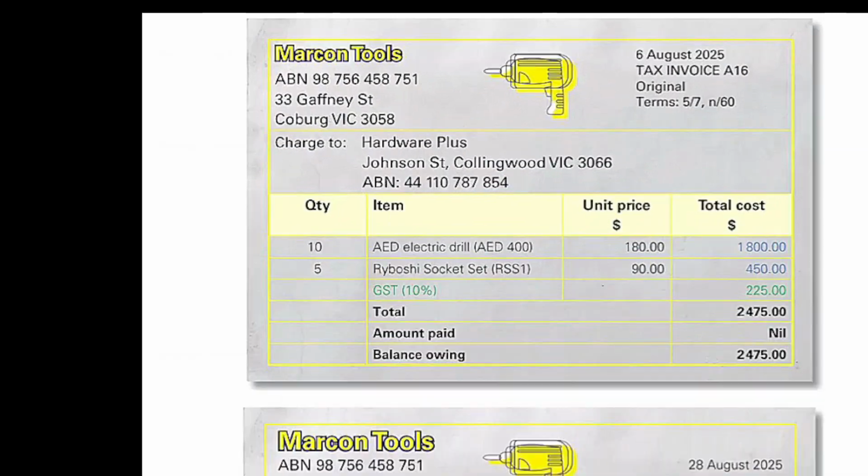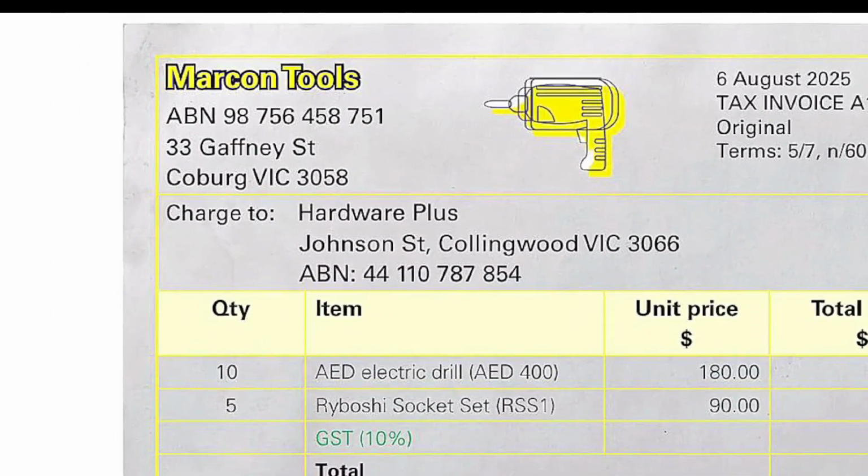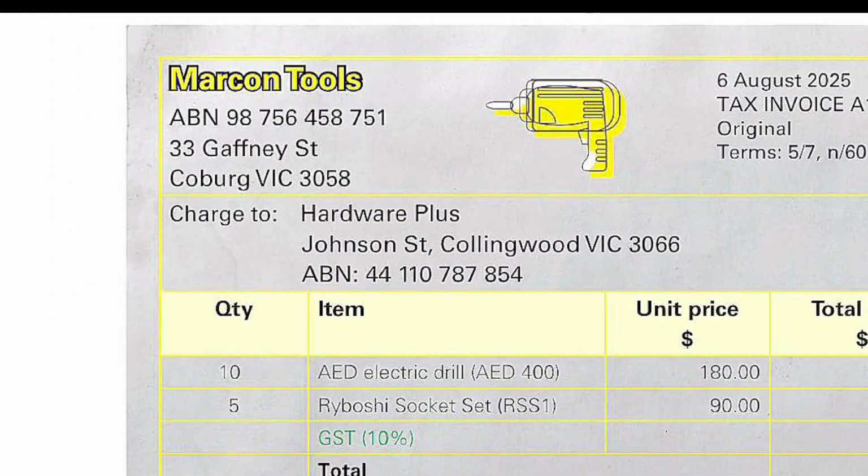Sorry, I couldn't explain you with this one. Okay, all of you said this is an invoice. Sales invoice or purchase invoice? Sales invoice, okay. Anything else? Who says purchase invoice?